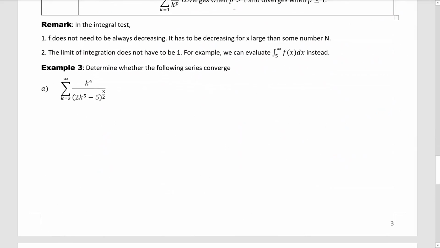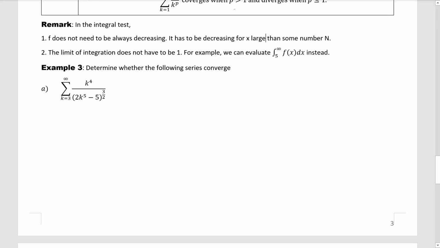So we remark, in the integral test, first, f does not need to be always decreasing. It just has to be decreasing for x larger than some number n.